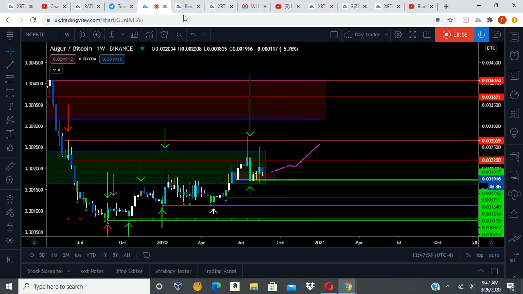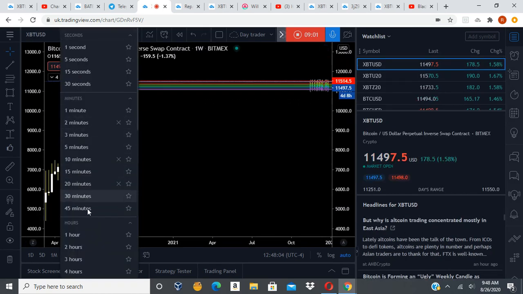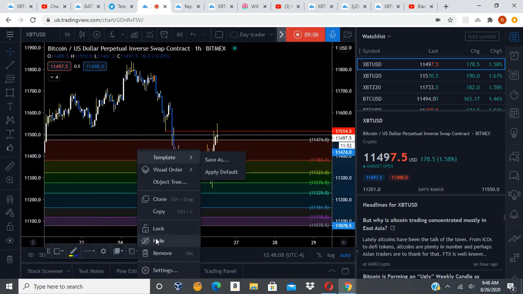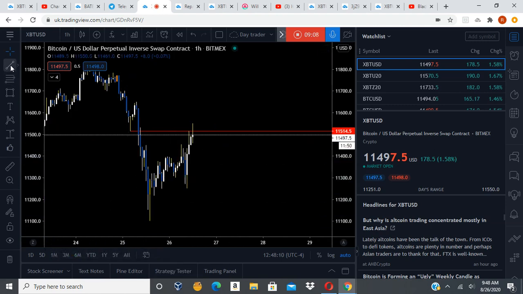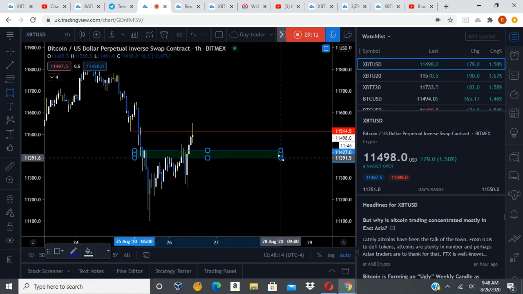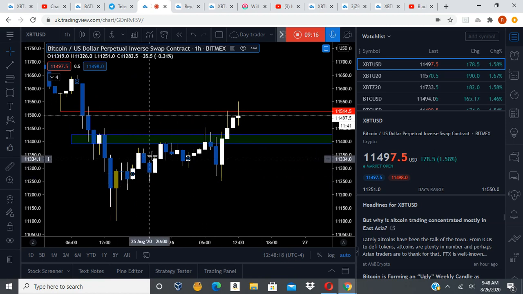It's kind of like BTC. Where's BTC at? Let's look at it right here. BTC right now was at resistance right here. This is what it did all through the night. While I was sleeping, this is what happened.